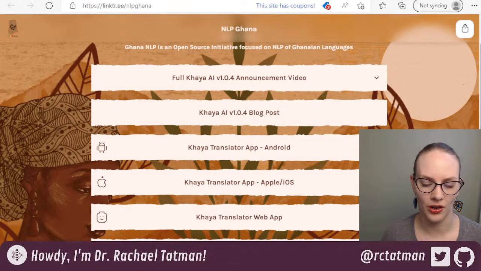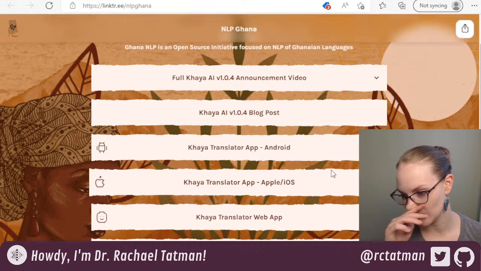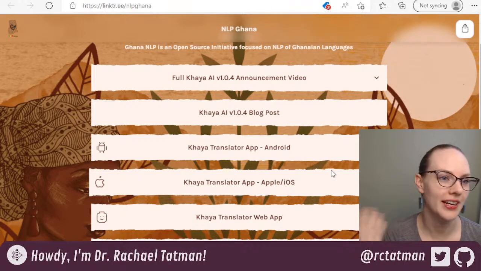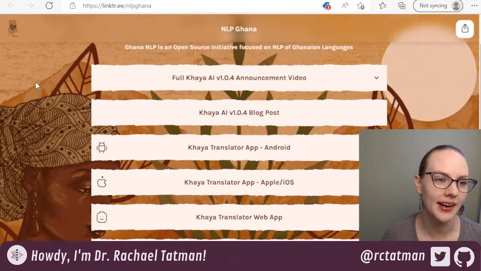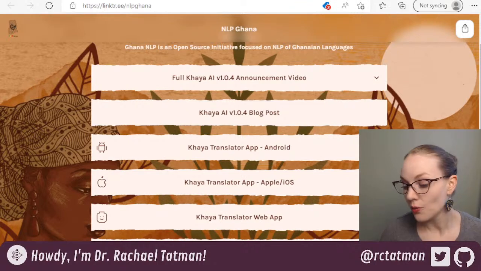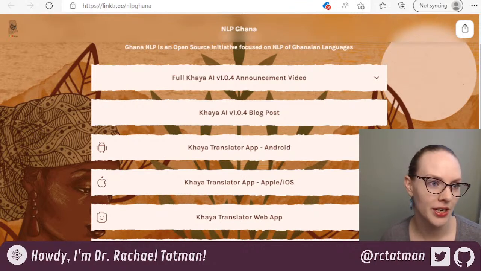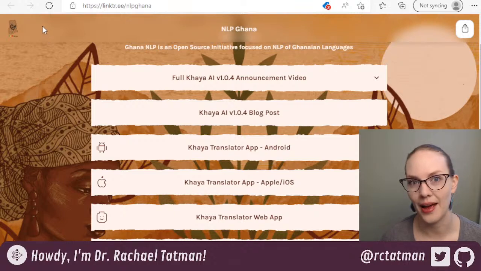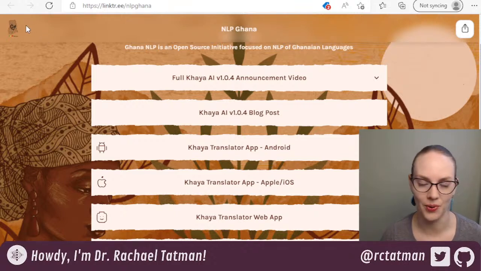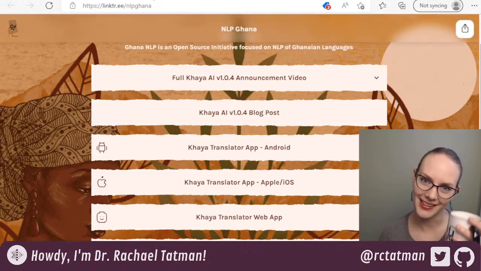The links are all in this link tree, it's linktree/NLP Ghana, and lots of information about that. So really cool project. Some languages that I think don't have as much NLP work on them as they deserve, and also by people from the community solving problems they have. So you'll love to see it. Congrats on the launch, y'all.